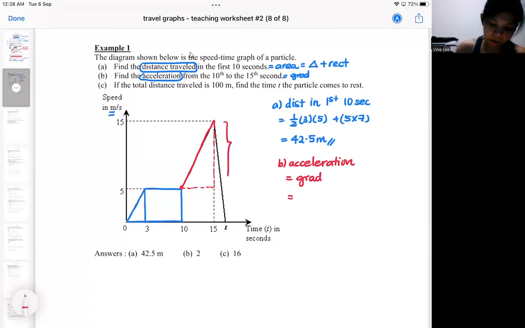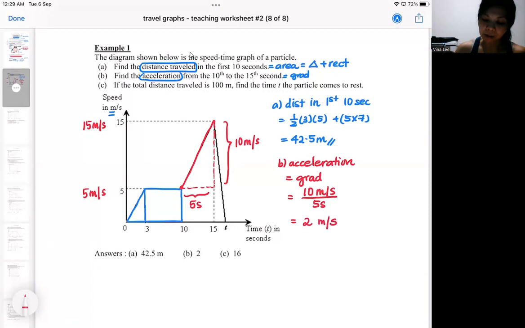The vertical is the change in the speed. The change in speed from 5 meters per second increases to 15 meters per second. So there is an increase of 10 meters per second, and there is an increase over 5 seconds. So that means it's 2 meters per second squared. So that is the acceleration.